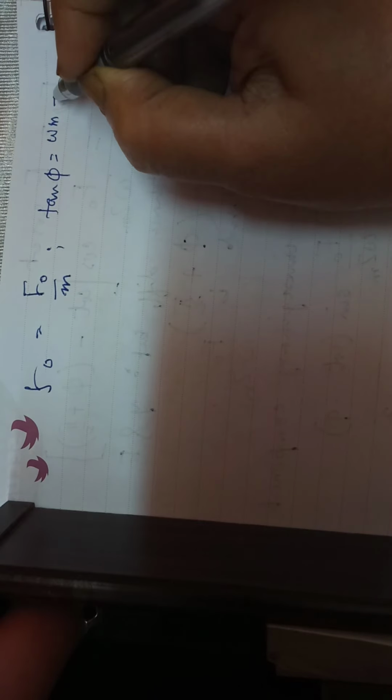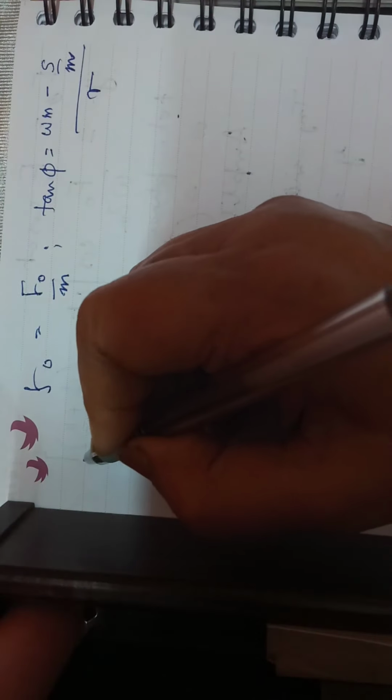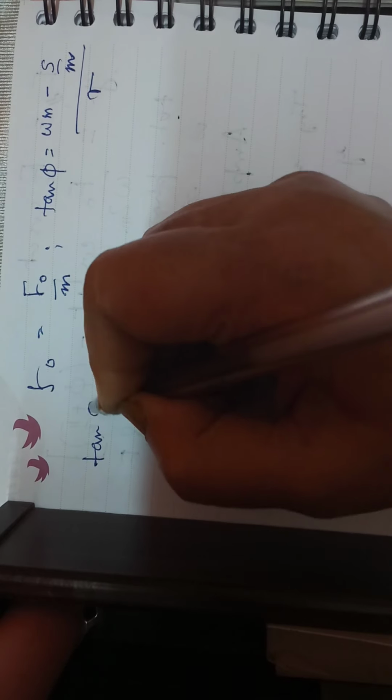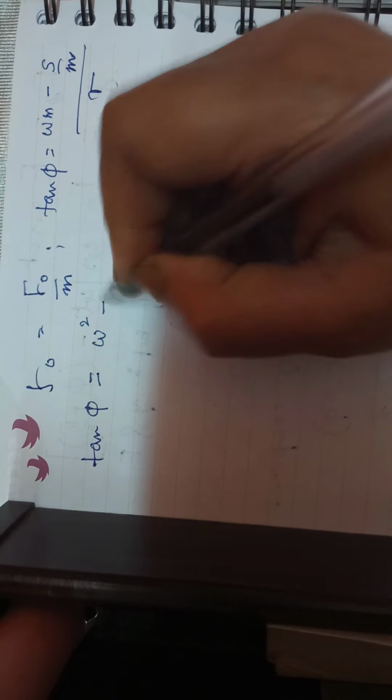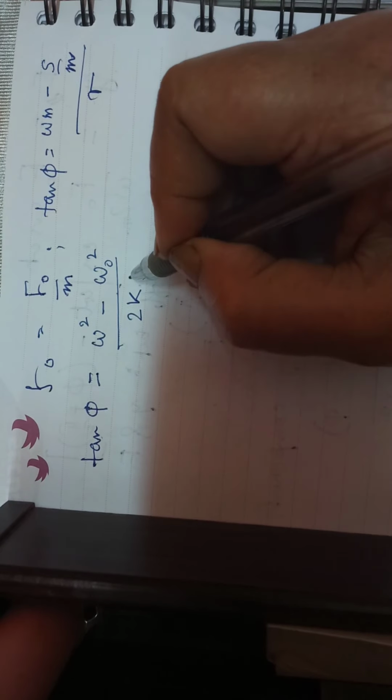And here also, as you know, tan phi is equal to (omega m minus s by omega) divided by R. If you just try it out, you will see tan phi is equal to (omega square minus omega 0 square) by 2k omega.